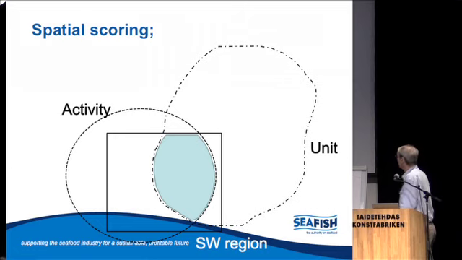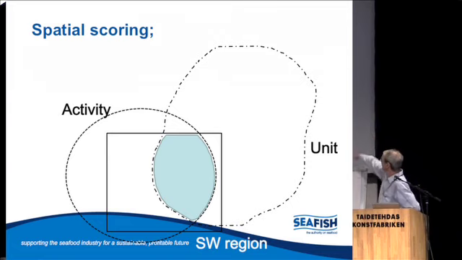So how do you score? Well, for spatial scoring, it's the area of the activity divided by the overall unit's area. Basically, where do the two coincide? Say this is a unit of a fish stock, and where does the fishing activity coincide with the fish stock?